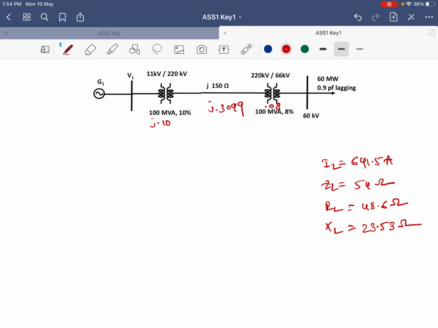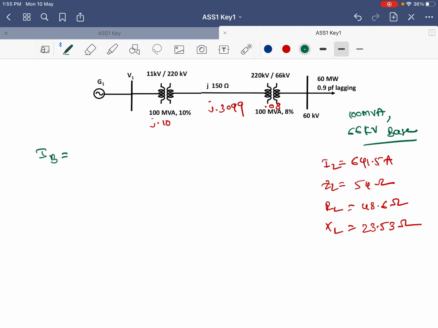The base quantity here, you have already calculated: it is 100 MVA and 66 kilovolts is the base on the load side. Now, first I'll calculate the base current, IB.